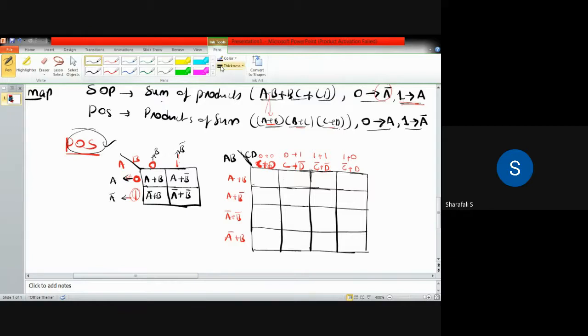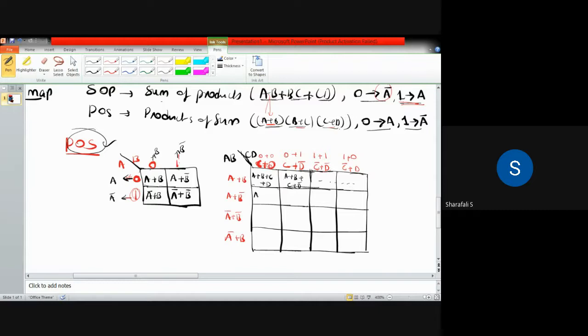Now if you fill in these cells, what is this term? This term will be A plus B plus C plus D. Then here A plus B plus C plus D bar. Similarly, you can fill all these cells.